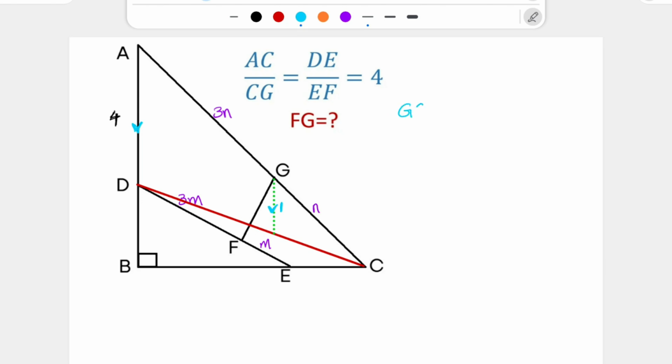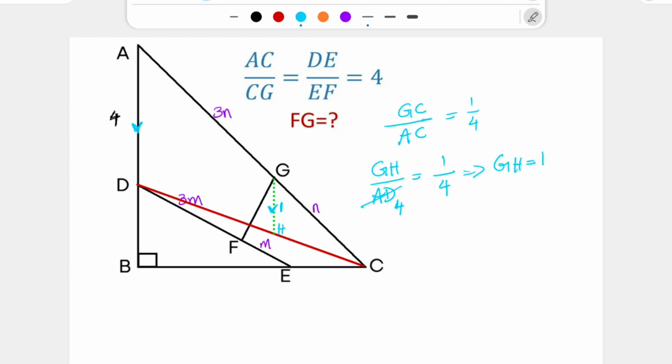We know that GC over AC is 1 over 4. And let's say that this point is H. GH over AD is also 1 over 4. And since AD is 4, GH is going to be 1.